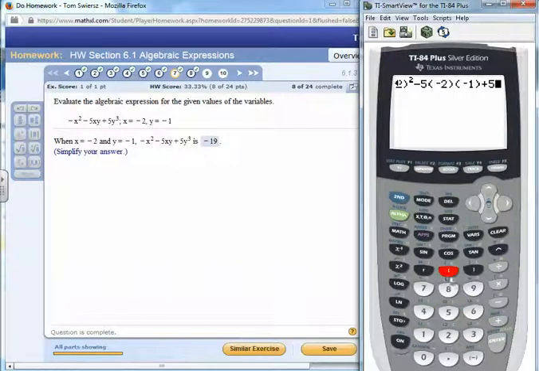And then in parentheses, because it's a negative base, negative 1. And again, it's raised to the third power. Be careful, the third power. And there's our correct answer, negative 19. Okay, same answer we got doing pencil and paper.